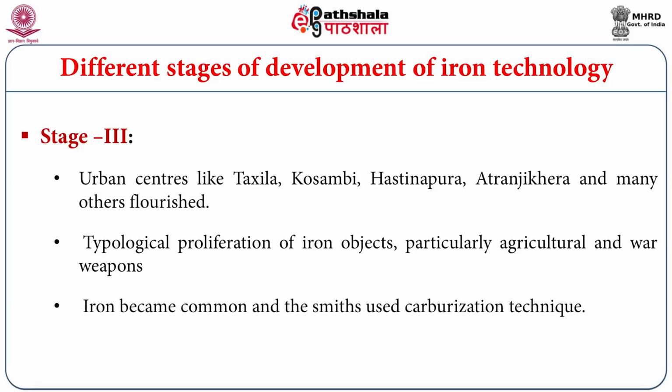Iron became very common and the smiths used the carburization technique. That means combining iron with carbon, and they could produce very sharp and harder metal of iron which could easily cut, which became much more important for various activities.